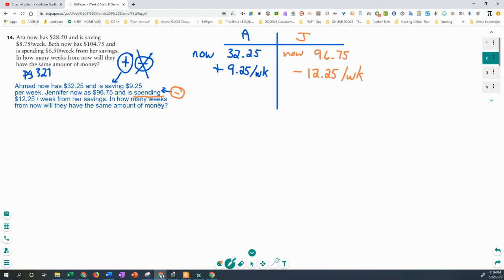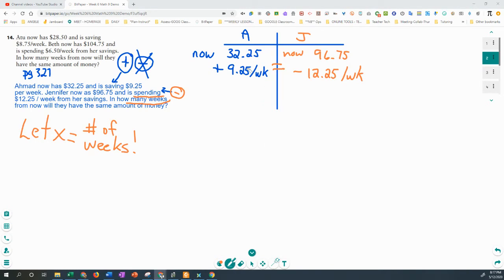Now, let's get to what the question asks. In how many weeks? Okay, I haven't even finished reading this, and it sounds like my variable, let x equal the number of weeks. And how many weeks from now will they have the same amount of money? So at what point do these two expressions equal each other?